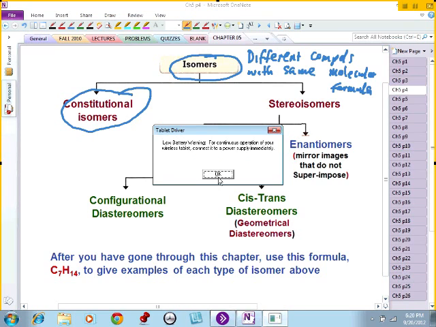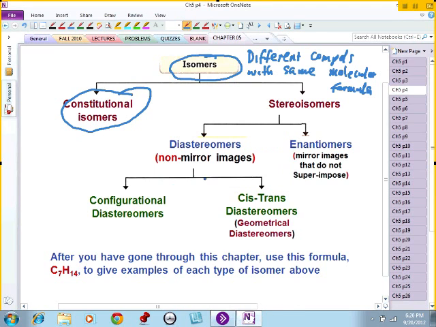We are now going to introduce you to a different set of isomers that we refer to as stereoisomers.